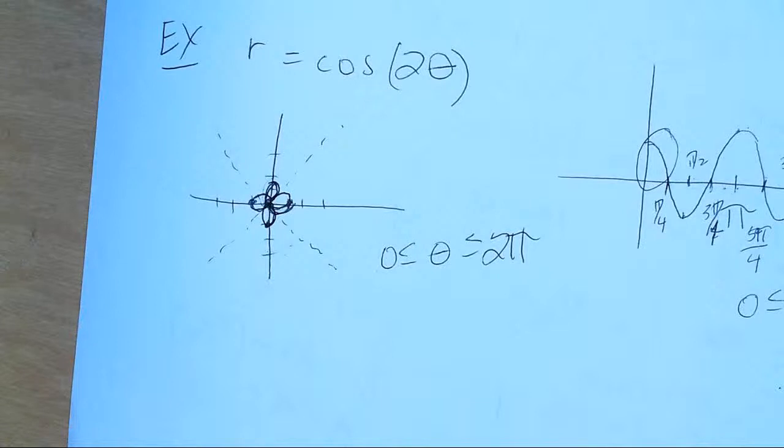I'm looking for an interval. Pi over 2 to 3 pi over 4. No. No. Pi over 4 to 3 pi over 4.